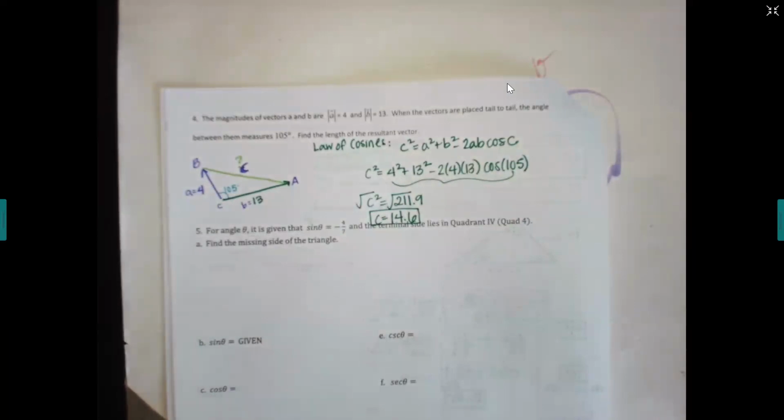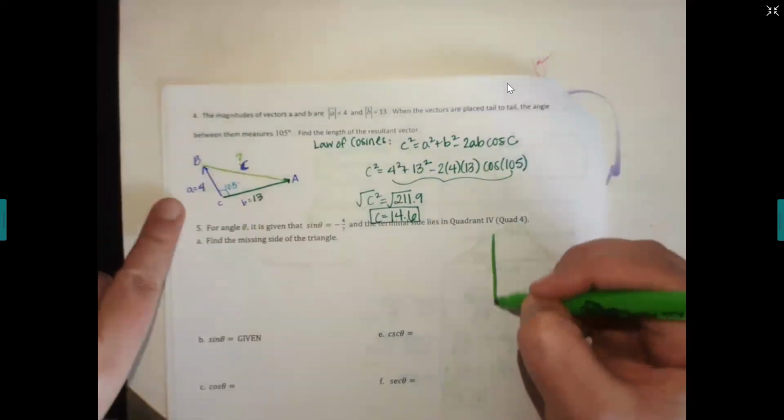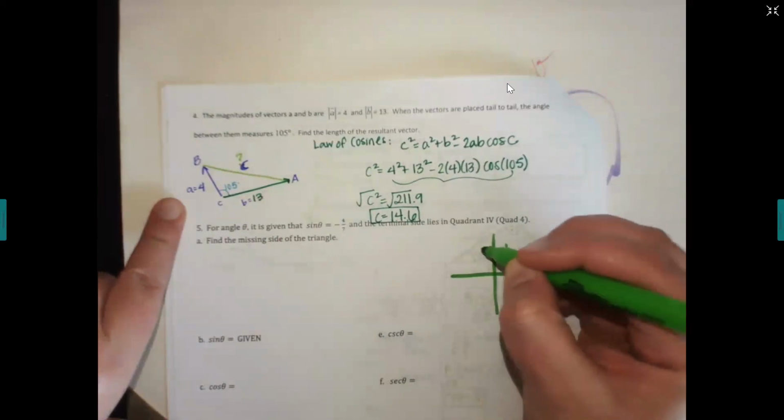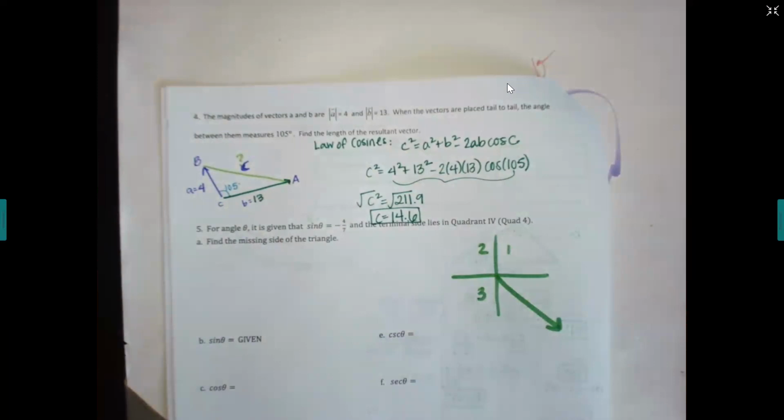All right, let's do number 5. So it says, we know that the sine of theta is -4/7, and we know it lies in quadrant 4. So let's just review real quick. Okay, it's 1, 2, 3, 4. And then it tells me that the sine is -4/7.